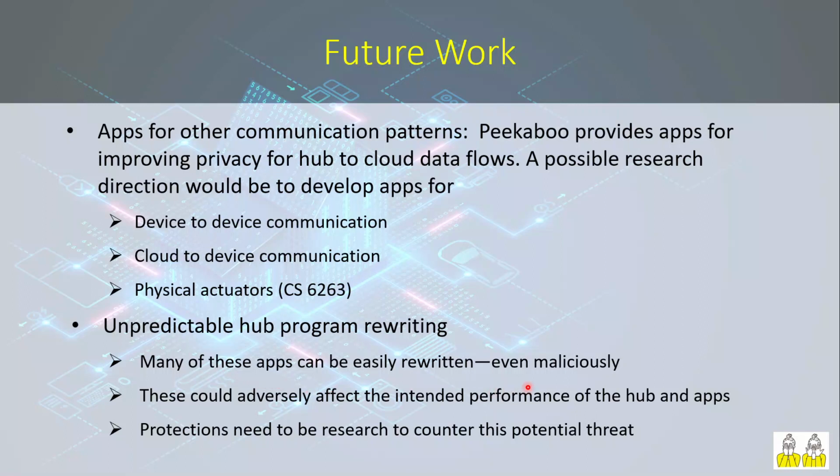This could cause an adverse effect on the intended performance of the hub and apps, and also could cause potential damage. And so protections need to be researched to counter this. First, research needs to be conducted to identify these vulnerabilities and to develop countermeasures for them.